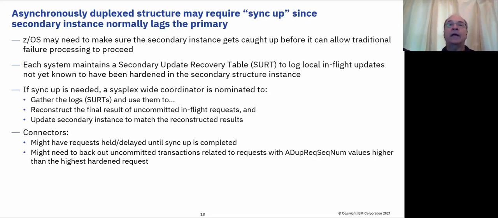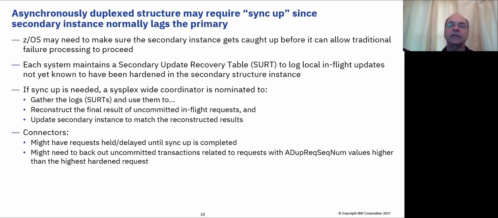So if I am asynchronously duplexing to a secondary structure, every so often, we're going to have to make sure that a sync-up has occurred because there's going to be some lag. The picture I went through showed that there's going to be periods of time where there's a little delay between the information getting from the primary to the secondary. So to make sure that the secondary instance gets caught up, z/OS is keeping track of this.